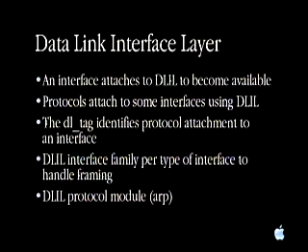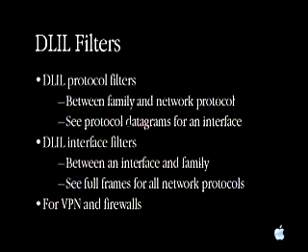The filters are a little bit easier to do. The DLIL filters, as we said before, include protocol filters on top of DLIL and under the protocols. What they do is see all protocol datagrams for an interface. The little trick here is that you register your filter per interface.